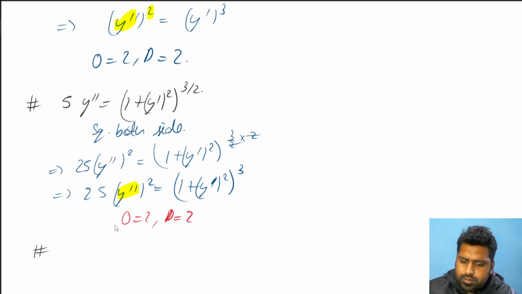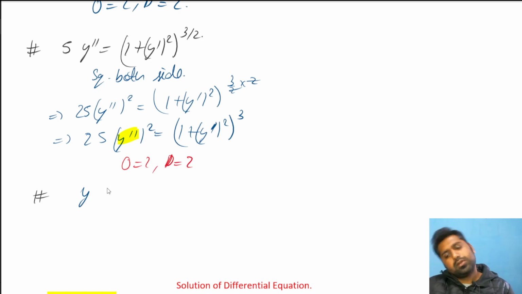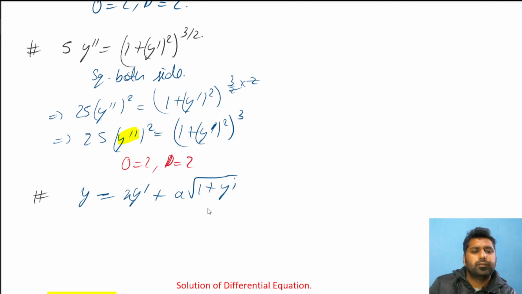Okay, next, let's do this. Y minus y is equal to dy by dx, your y dash, plus a times square root of 1 plus y dash, something like that.